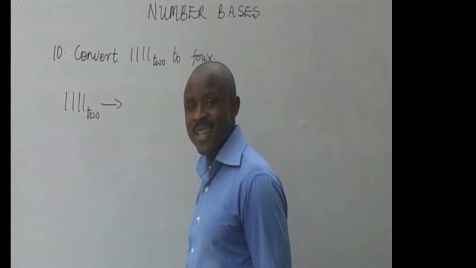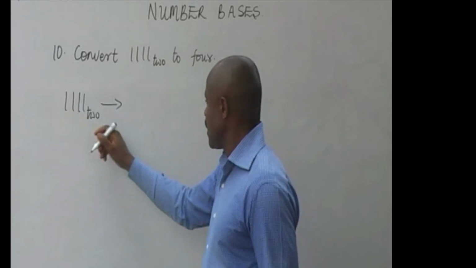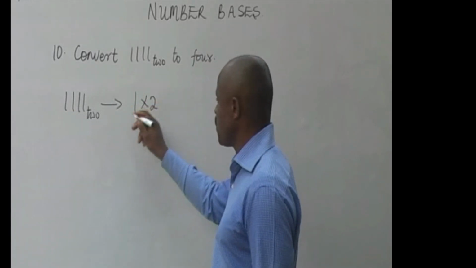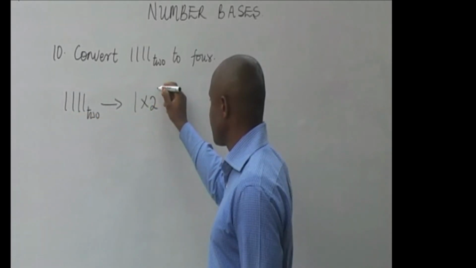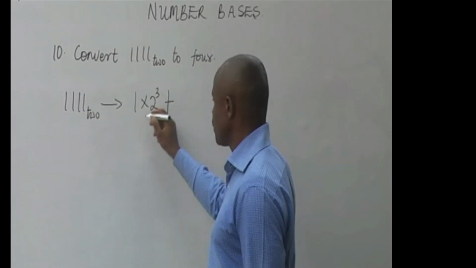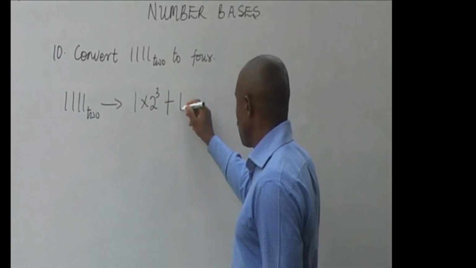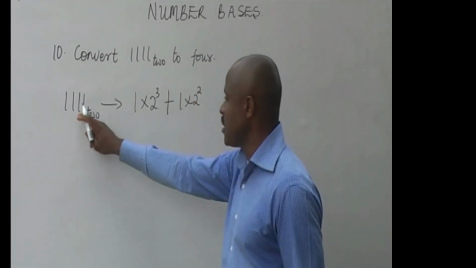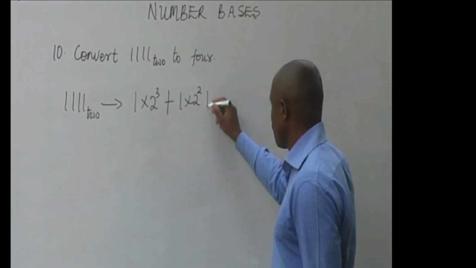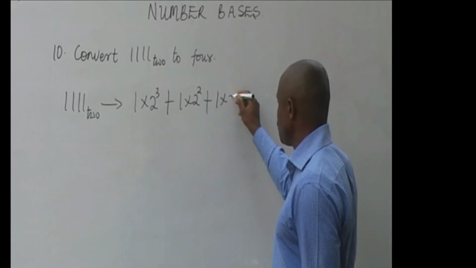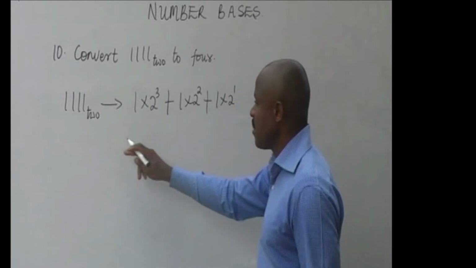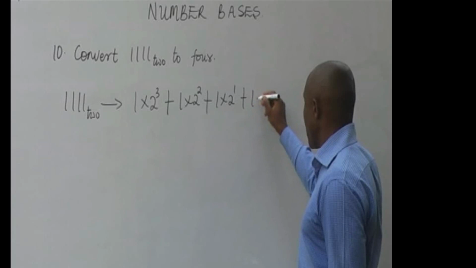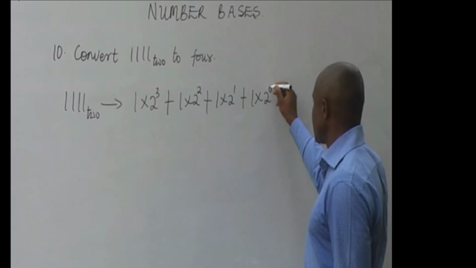Let's convert it to base 10. 1 times the base 2 exponent 3, for the 3 digits left, plus the next 1 times 2 exponent 2, the remaining 2 digits, plus 1 times 2 exponent 1, the remaining 1 digit, plus 1 times 2 exponent 0.